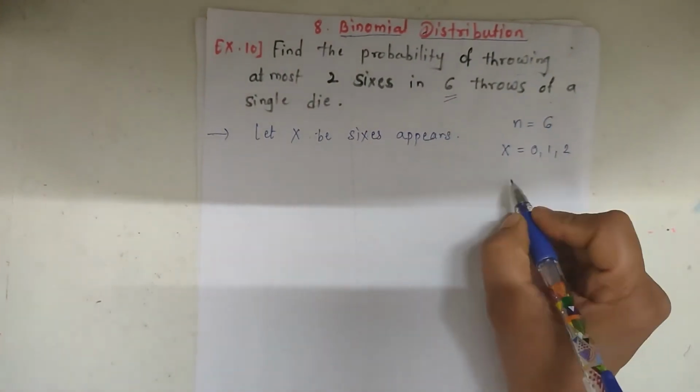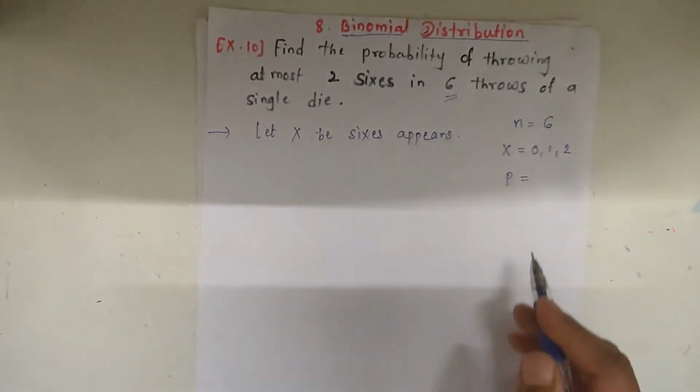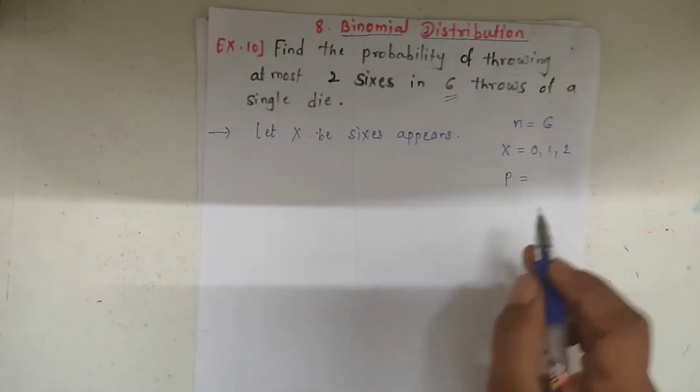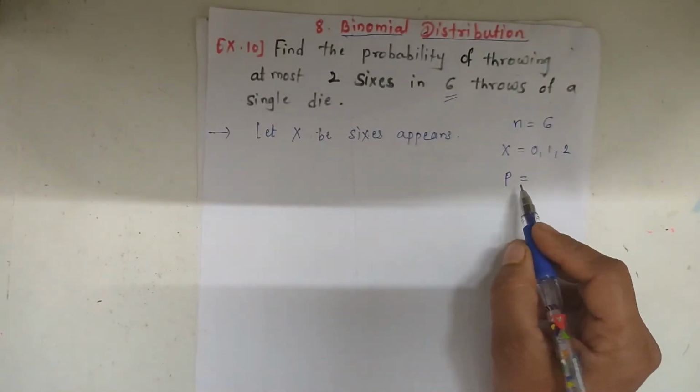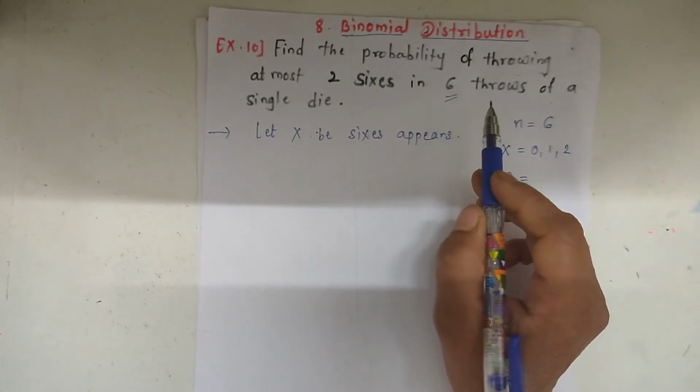Now here also find the value of p. p means the probability of a single trial. When we throw a die one time, the probability of getting a 6 is 1 upon 6.